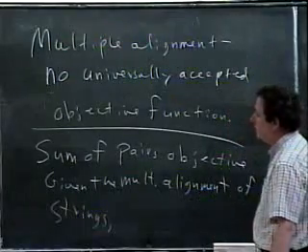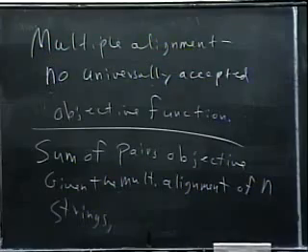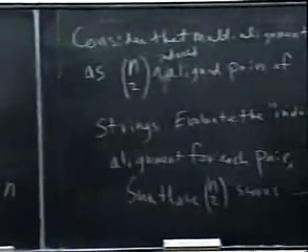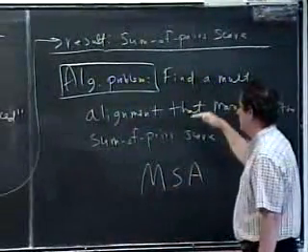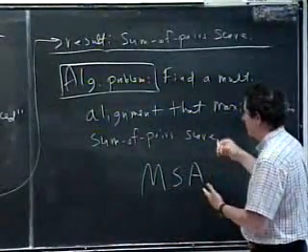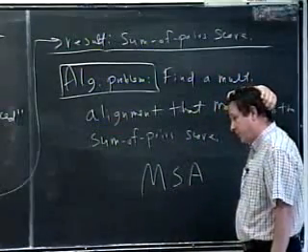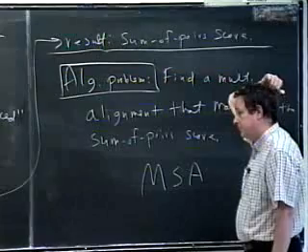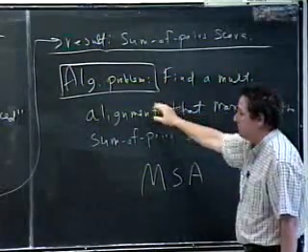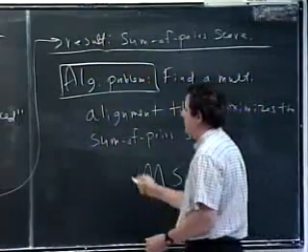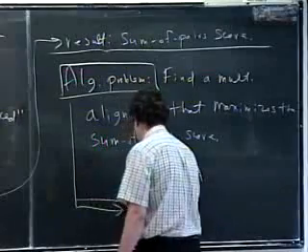Okay, so now what I'm going to try to explain is at least one approach to this algorithmic problem, how to find a multiple alignment that either maximizes or minimizes the sum of pairs score. And again, I have notes that I'll put up on the web. So there are 2 things I want to talk about here.